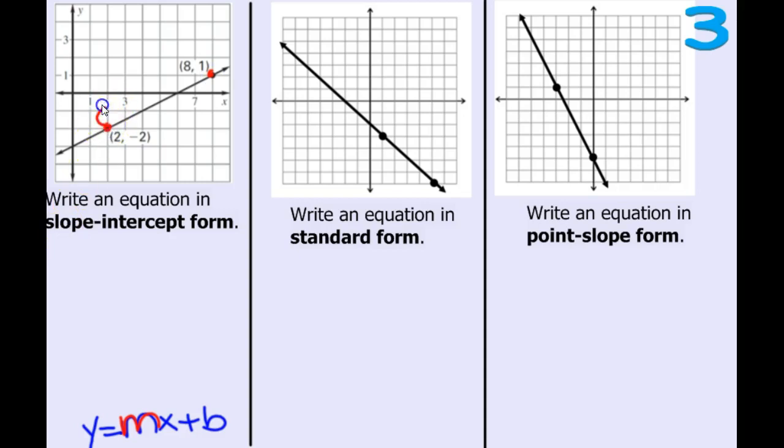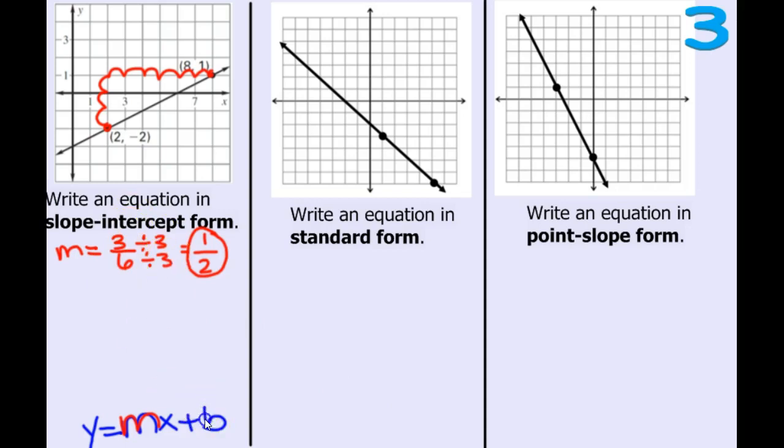So I'm going to count 1, 2, 3. That's my rise, and I'm going to run 1, 2, 3, 4, 5, 6. Now I can simplify these both. I can divide both by 3. 3 divided by 3 is 1, and 6 divided by 3 is 2. So my slope is 1/2.